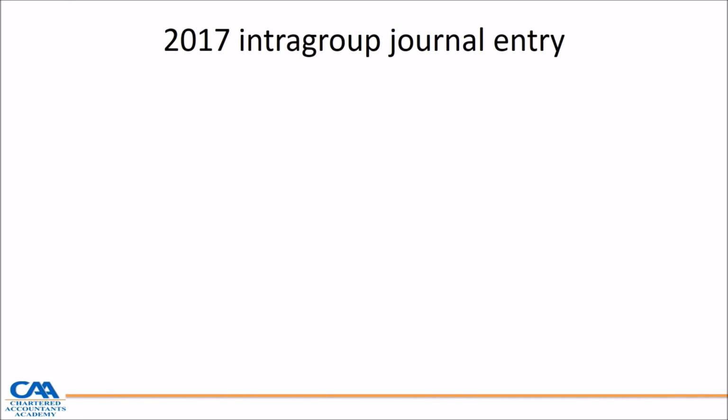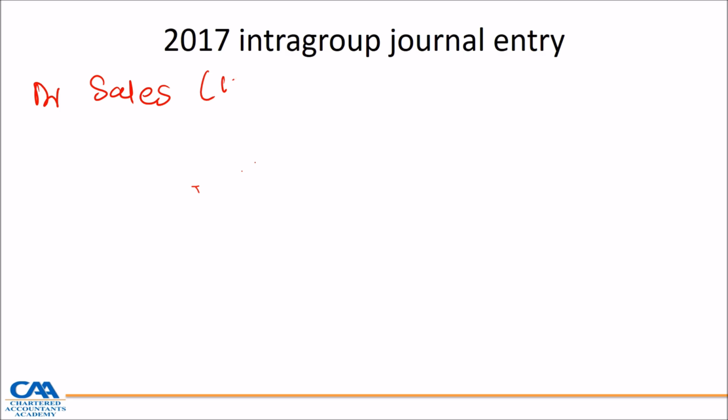So my journal entries in 2017 to reverse that are as follows. I know that there is a portion of sales which I recorded which is not supposed to be there. So to reverse that portion of sales, I'm supposed to debit sales. But how much of the sales have not yet gone out in 2017? Out of the 100,000 which I sold, how much has not been sold out? It's only to the extent of 15,000. But remember, I don't own all of the 15,000. The rules say you eliminate the unrealized to the extent of your portion.